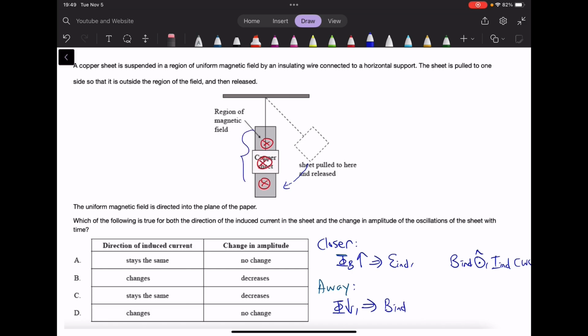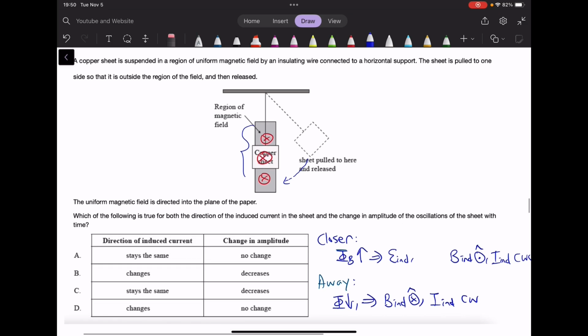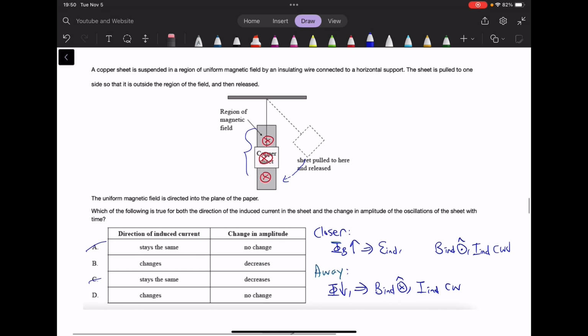So the induced magnetic field will point into the page. Using right-hand rule, induced current will point in the clockwise direction. So this tells us that the direction of induced current will change. So A and C is definitely wrong. Now we need to think about amplitude.